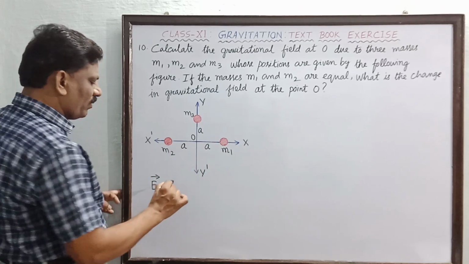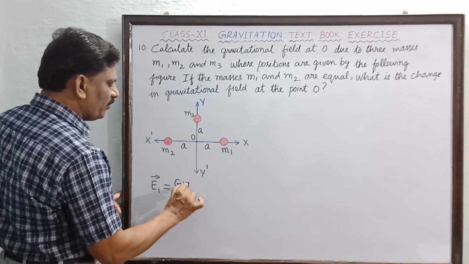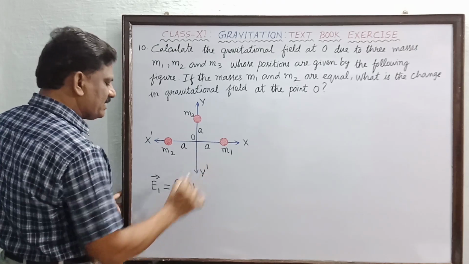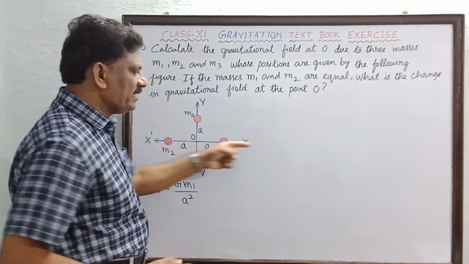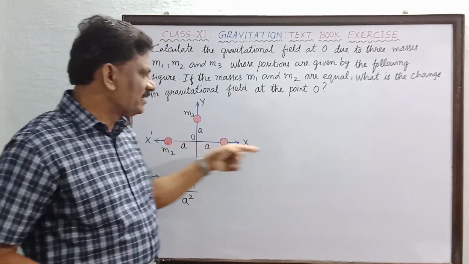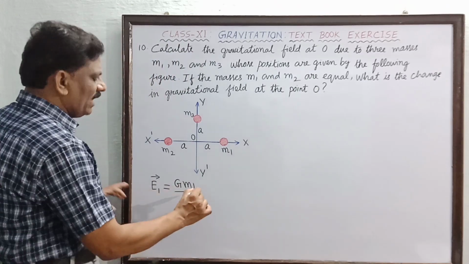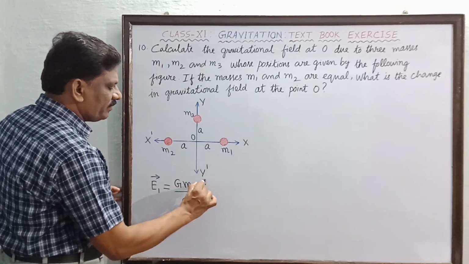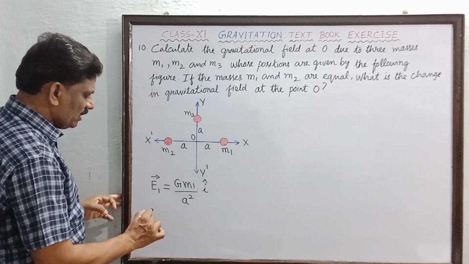So E1 is equal to capital G into given mass m1 divided by the distance square, a square, into, since it is a vector, it is acting along the positive x direction. So it is i cap. The direction is unit vector along the x-axis, i cap.